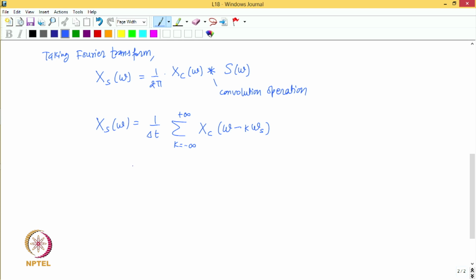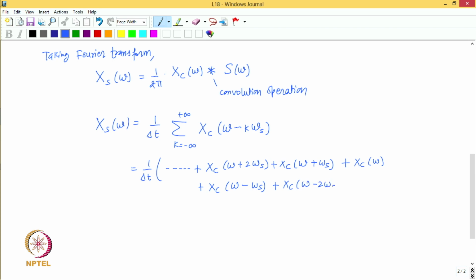To get an insight, we can expand the right hand side and write that as: plus X_c(omega plus 2 omega_s), plus X_c(omega plus omega_s), plus X_c(omega), plus X_c(omega minus omega_s), plus X_c(omega minus 2 omega_s), plus, in this way it goes up to k going up to plus infinity.